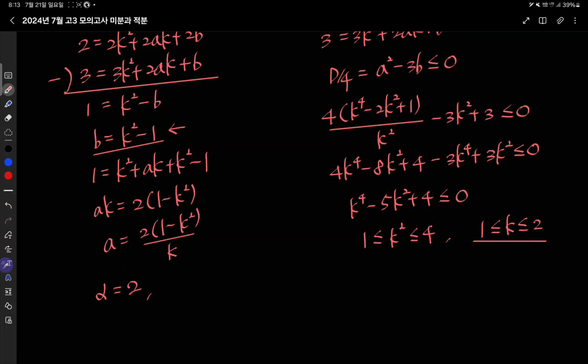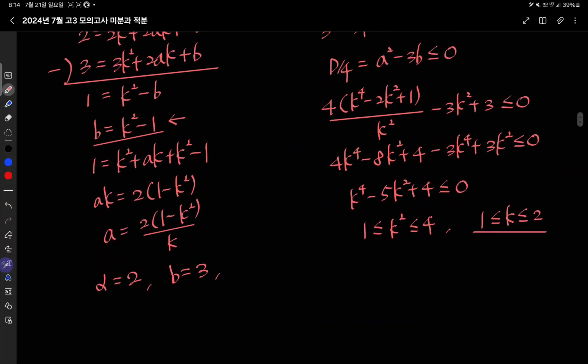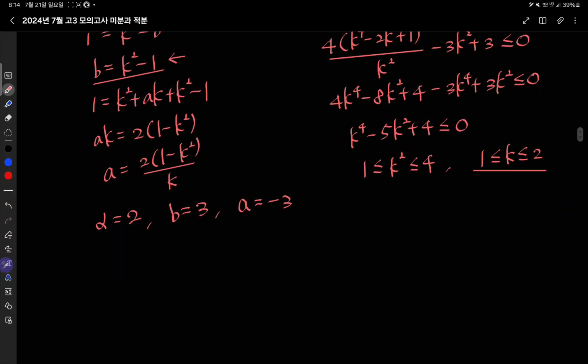And when k is 2, b is 3, and a is minus 3. So f of x is x cubed minus 3x squared plus 3x.